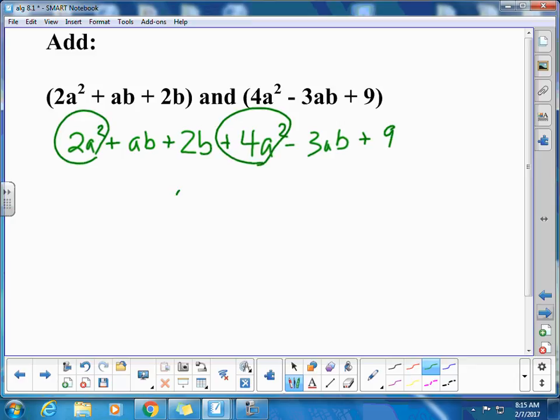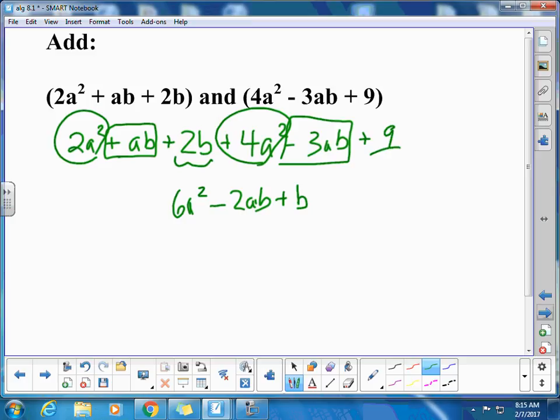Altogether we have 6a squareds. AB's, we have plus ab and minus 3ab. So net gain of negative 2ab. And I have 2b, and I don't have anything to go with the 2b. And then I have the plus 9.